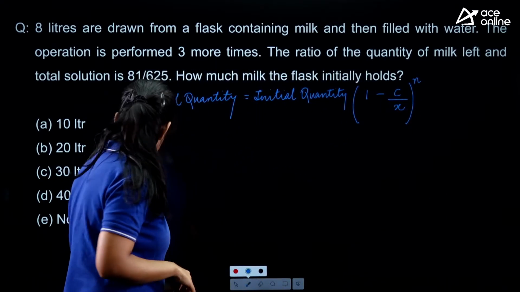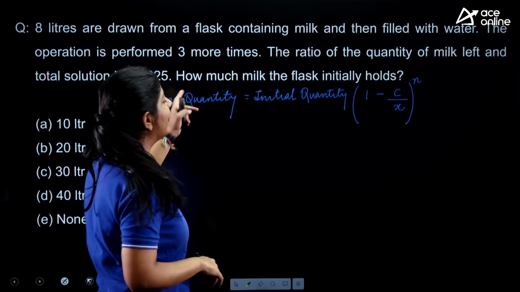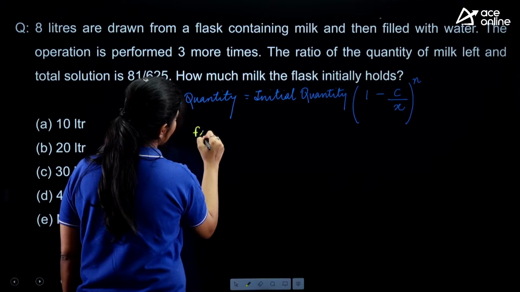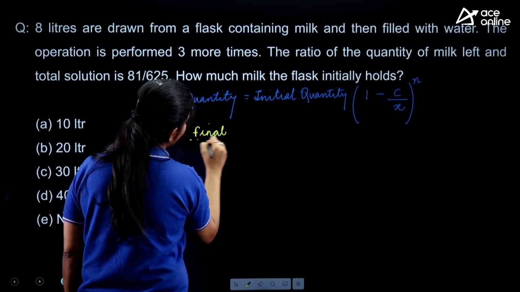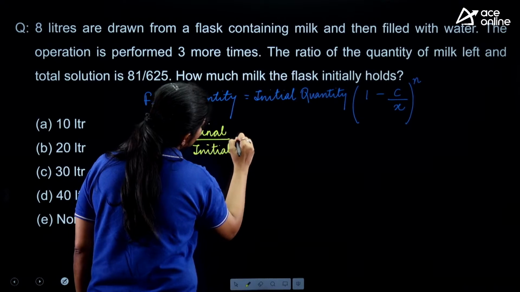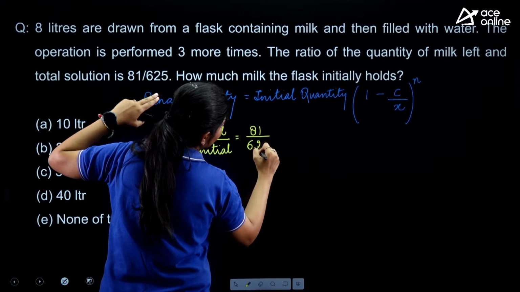So here we have the ratio of final quantity divided by the initial quantity, and that is nothing but equal to 81/625.